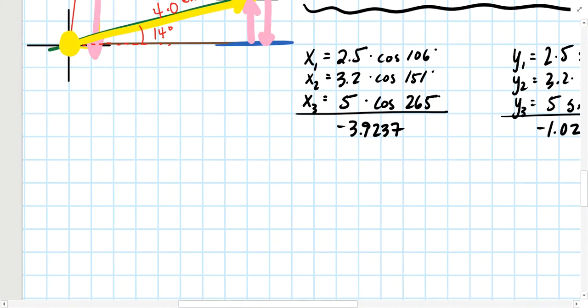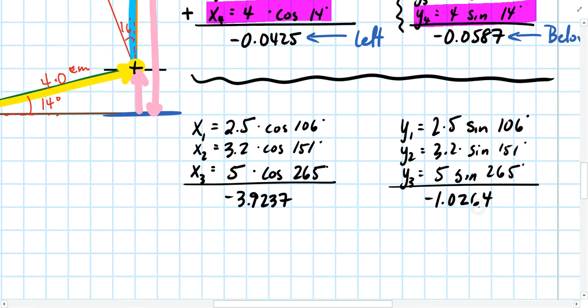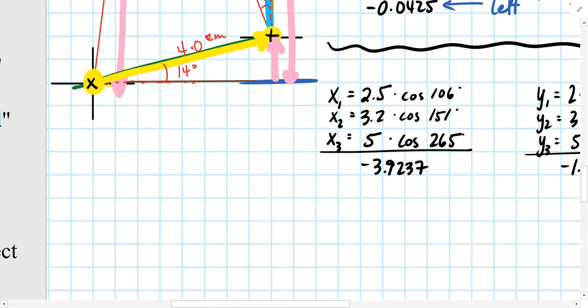And so what this is telling me is that this print head position here at the end of the first three moves is 3.9 units to the left of start, and it is 1.02 units below start. So that's the resultant, if you will, of our movement. What I would like is the equilibrant, the same magnitude, just the opposite direction.